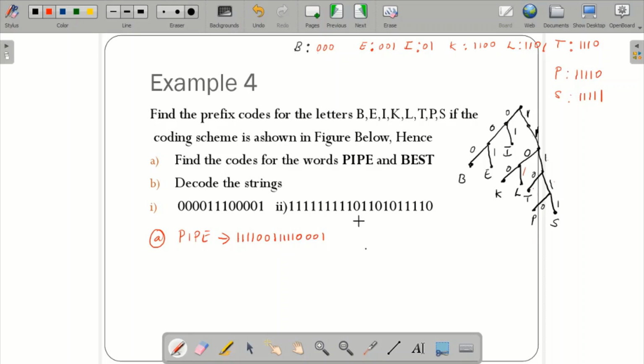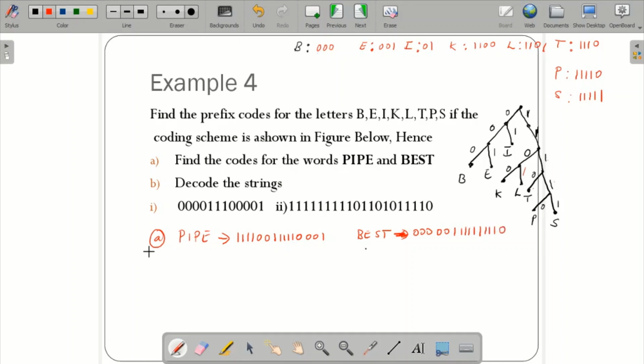So this is for pipe. And for vest, V is 000, for E it is 001, for S it is all ones, 5 ones, and for T it is 1110. So this is regarding the first part.